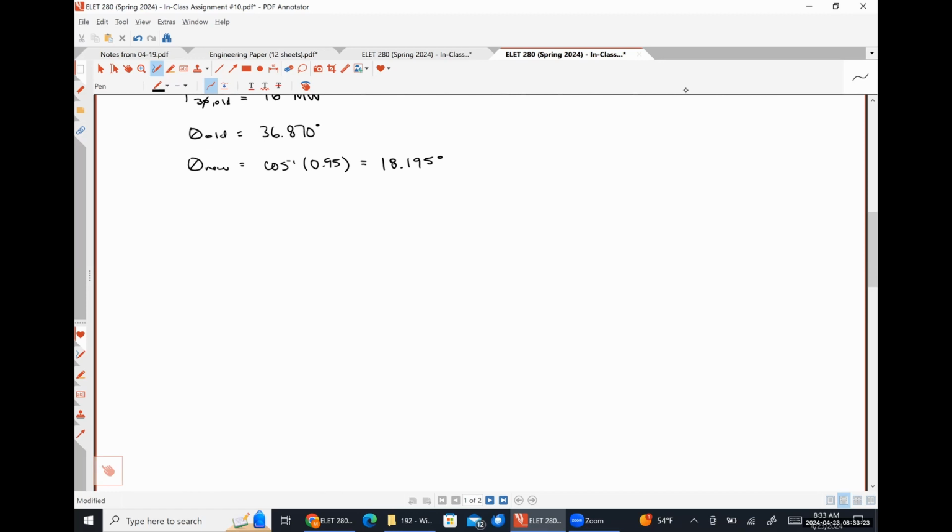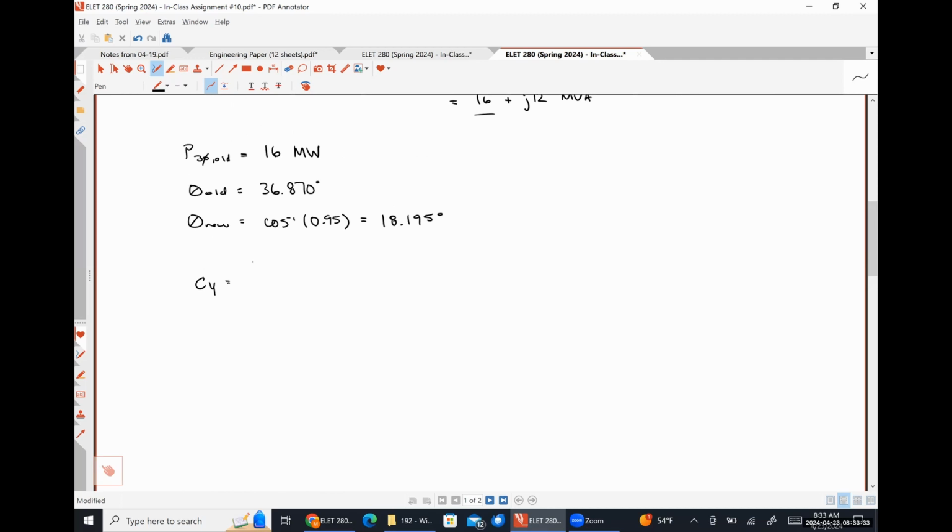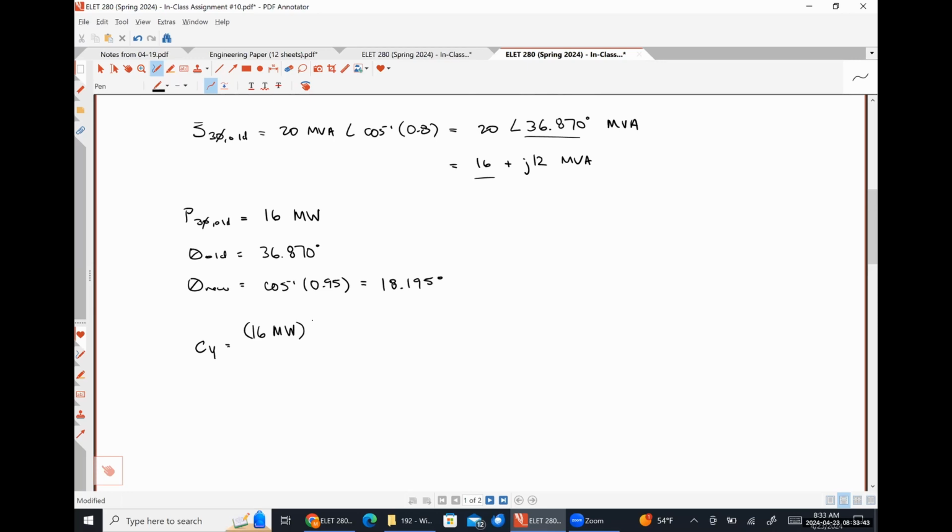So C Y is going to be 16 megawatts, that's our average power for our three-phase system, multiplied by the tangent of 36.870 degrees minus the tangent of 18.195 degrees, all divided by 3 times 120 pi radians per second.